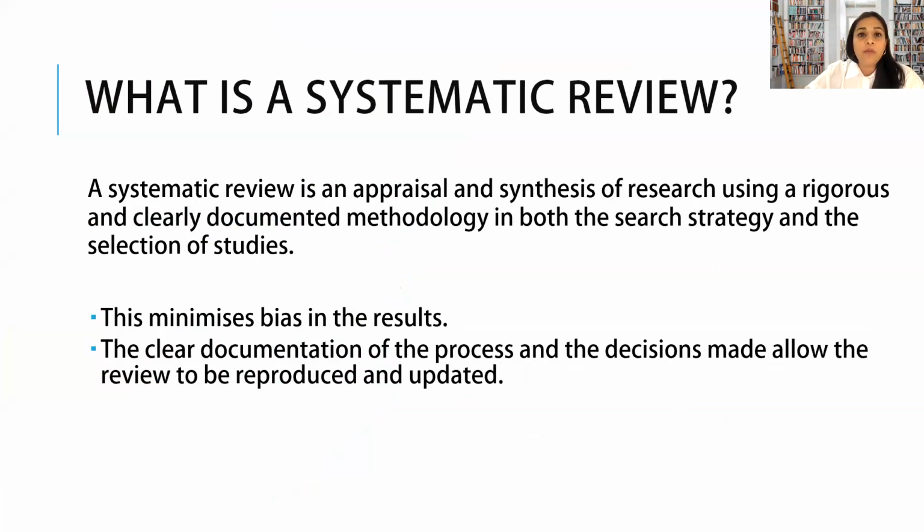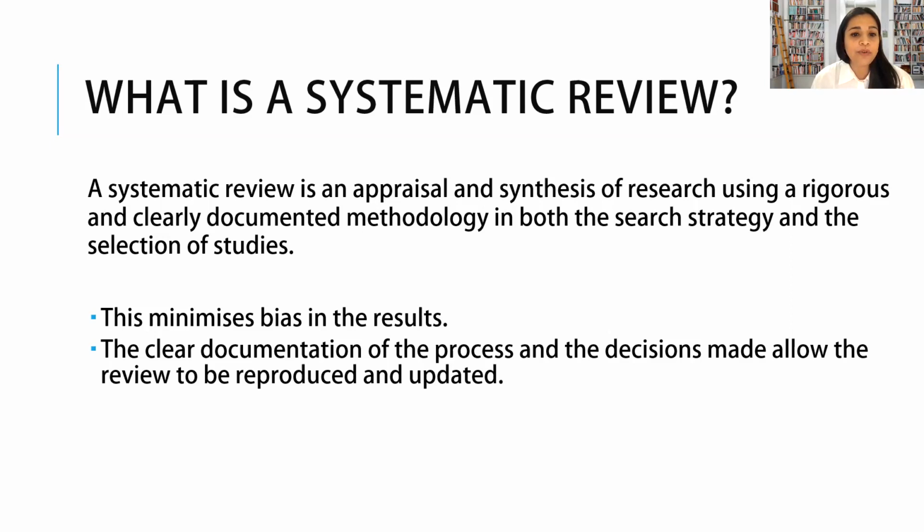If we look at what is a systematic review, it is looking at literature which already exists on a particular topic with a very rigorous and clearly documented methodology. What that allows you, when you're looking at a methodology, is this towards searching your studies, but also how you select those studies for inclusion in your final review of literature.